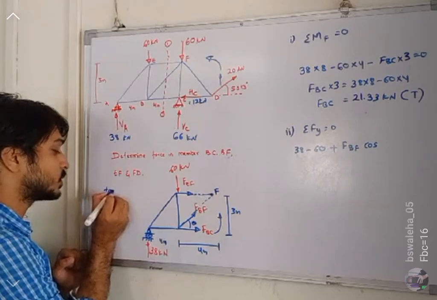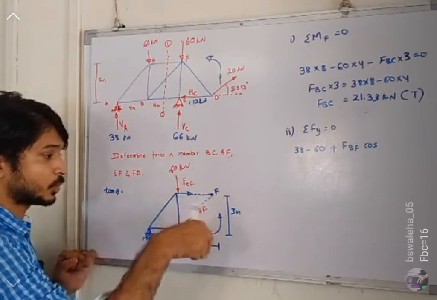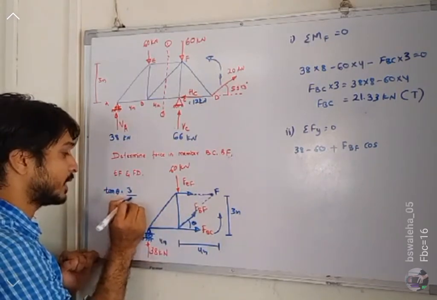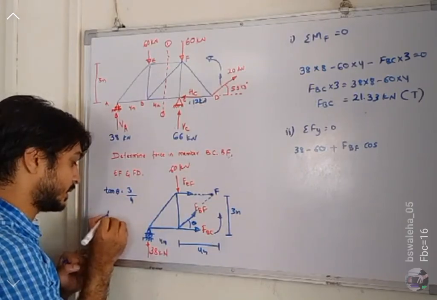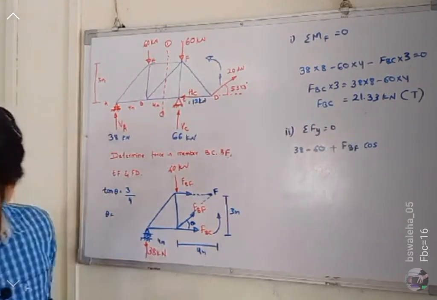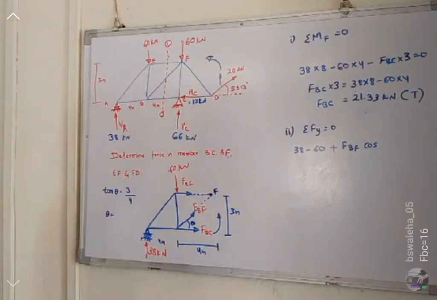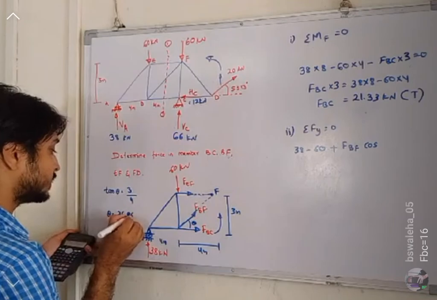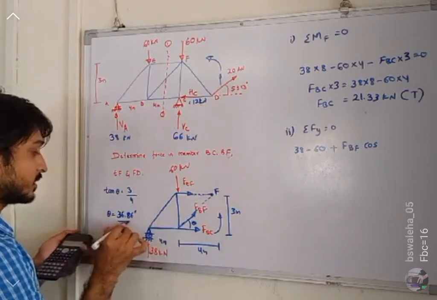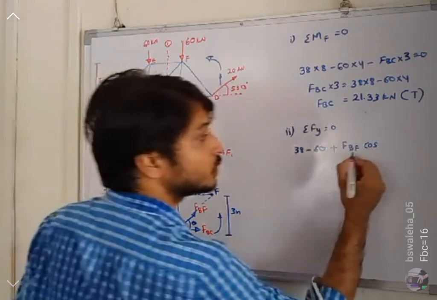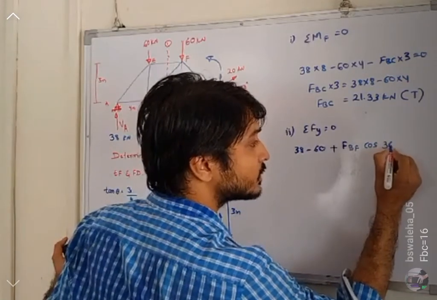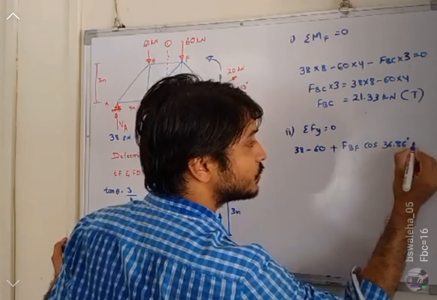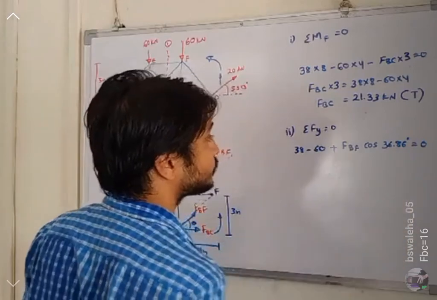So tan theta is equals to opposite, 3 meter, by adjacent, 4 meter, right? So theta is equals to 36.86 degrees. So this is FBF sine 36.86 degrees, which is equals to 0.